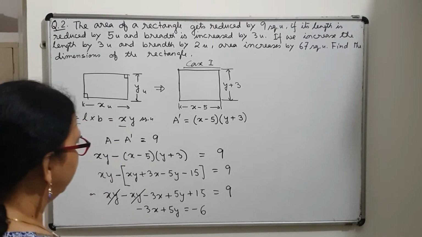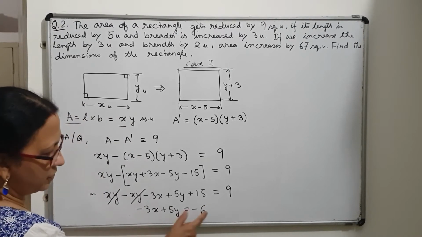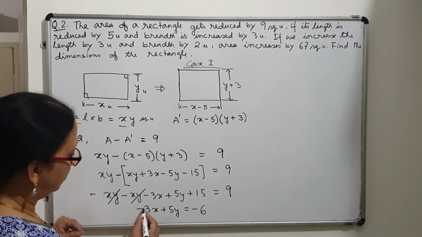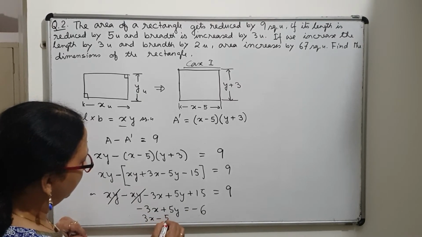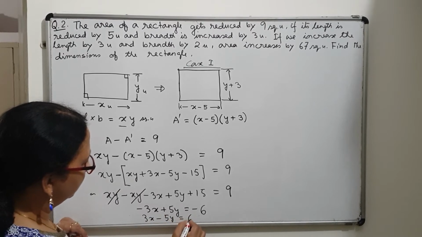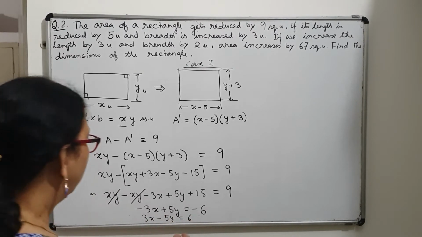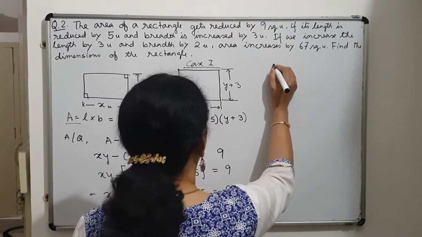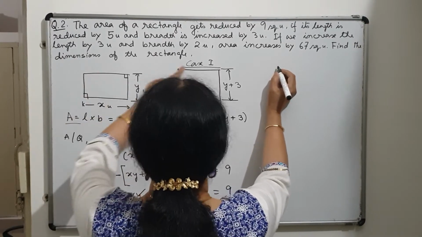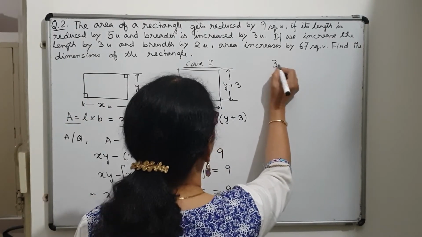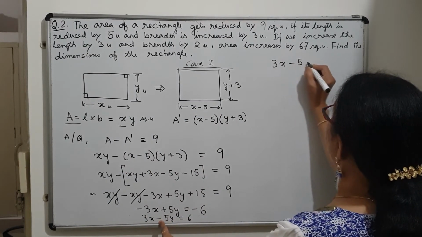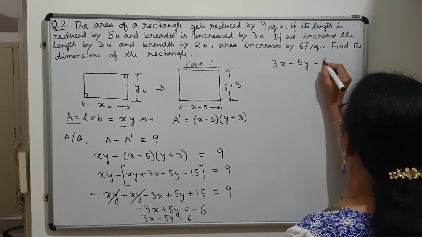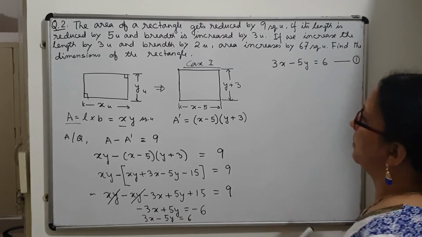If I multiply both sides by minus 1, it becomes plus 3x minus 5y is equal to 6. So I got one equation. Let me write it down here: from case 1, 3x minus 5y is equal to 6. This is the first equation from case 1.